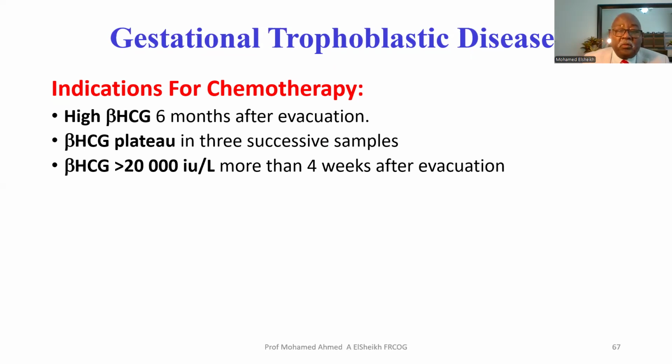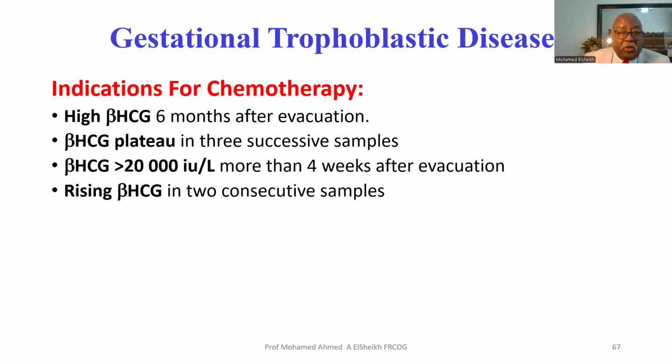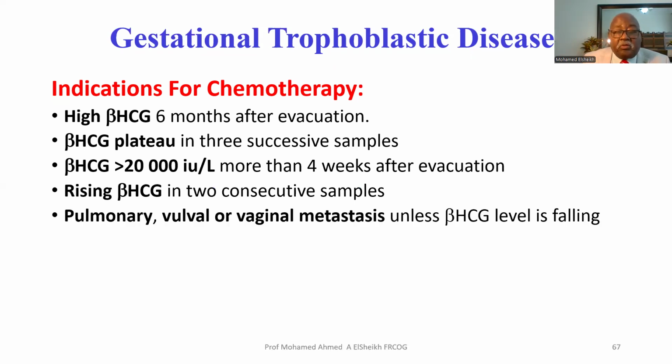If it's more than 20 international units more than 4 weeks after evacuation, in which situation you need to give chemotherapy. If the beta HCG is rising in 2 consecutive samples, you did one and the next one is rising, it means there is some trophoblastic tissue somewhere in the body.